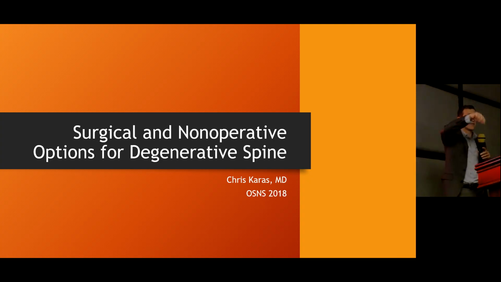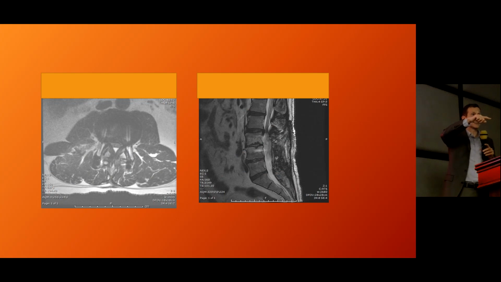We talked a lot in the previous presentations about all the different ways different pathologies can cause issues with the nerves in the spine. There are intradural tumors, neurofibromas, schwannomas. There are disc herniations, of course, facet arthropathy.